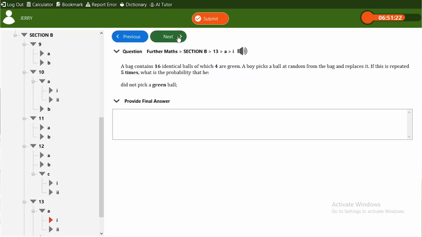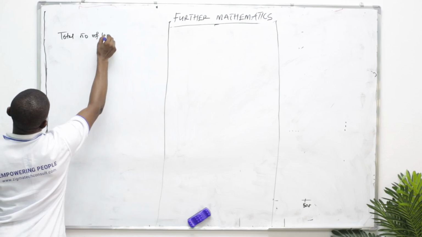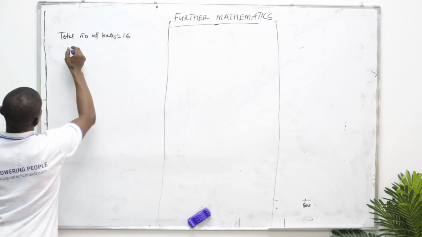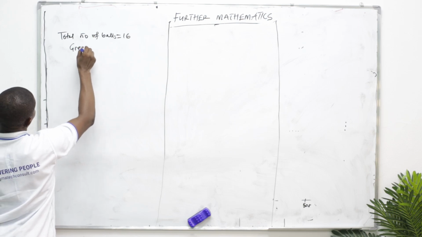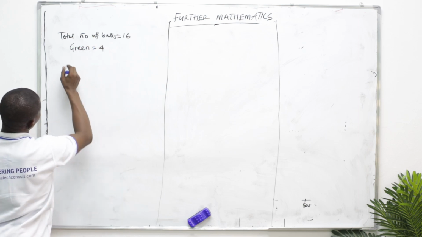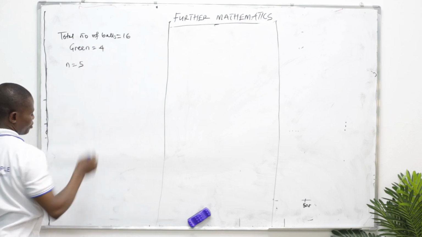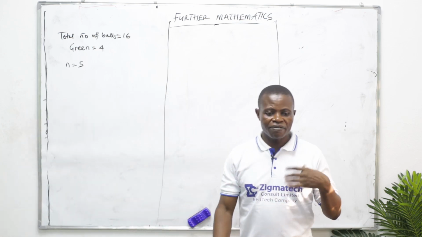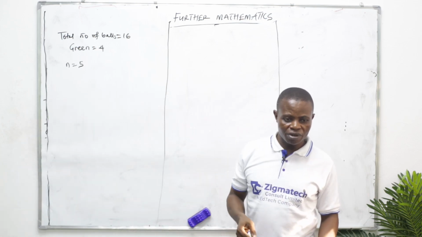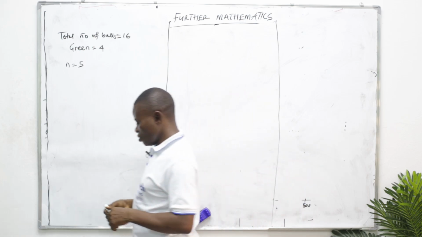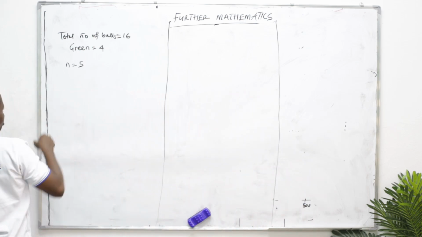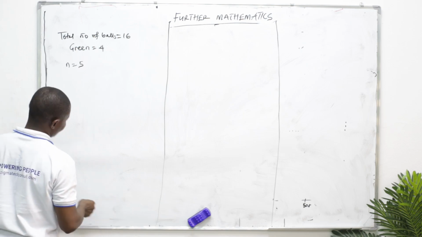Total number of balls. Green. N is 5. So whenever you see 5 times a number is given, we are talking about binomial distribution, probably under binomial distribution.